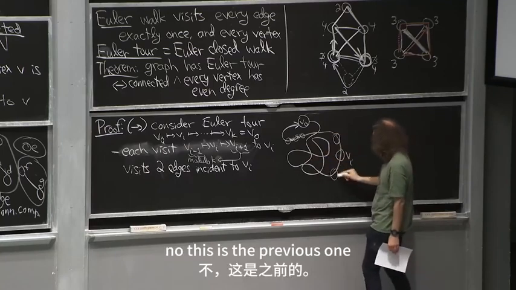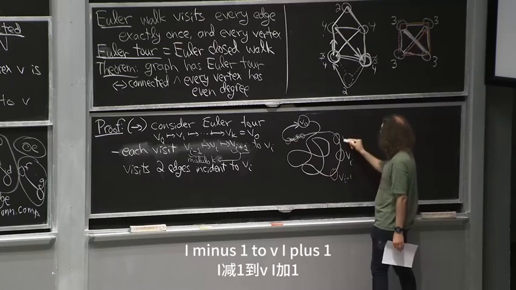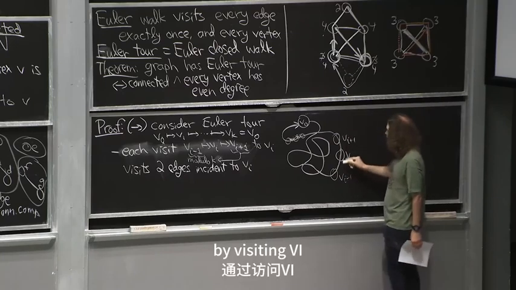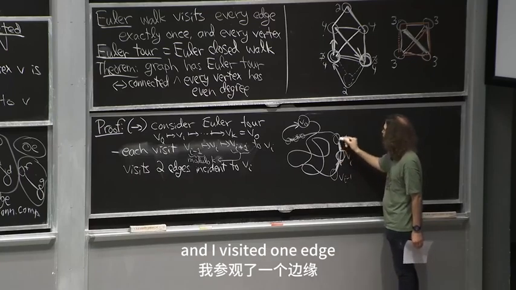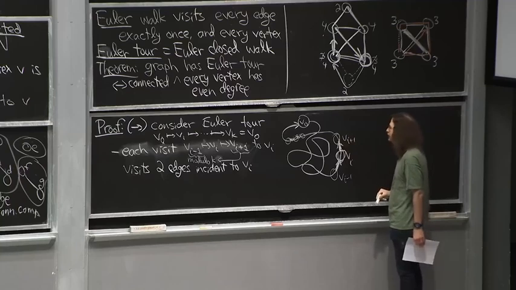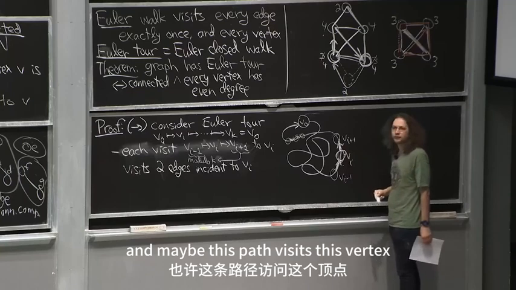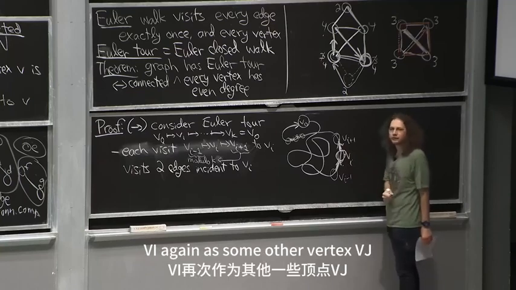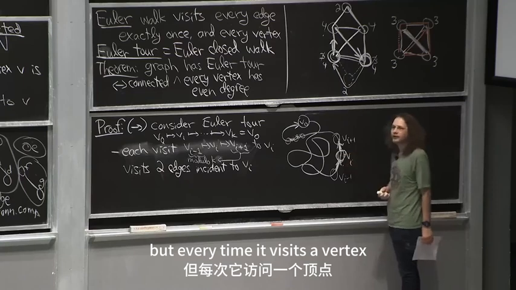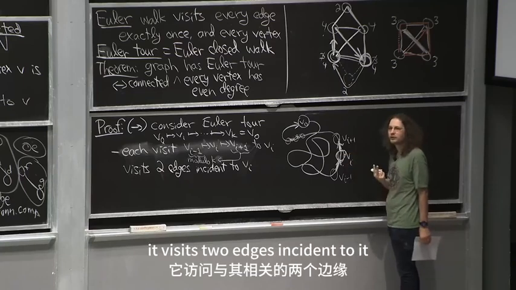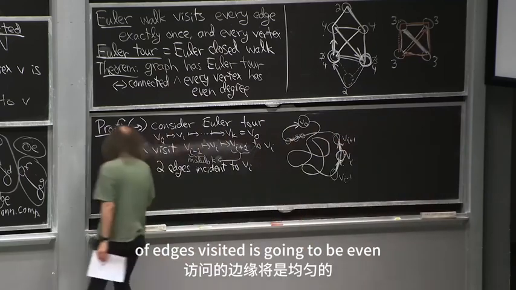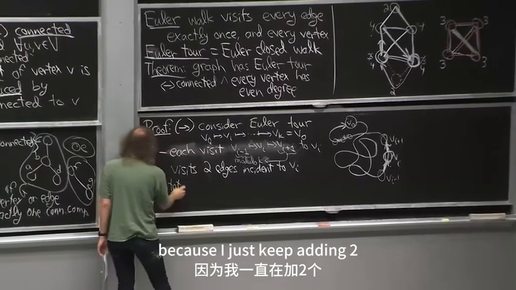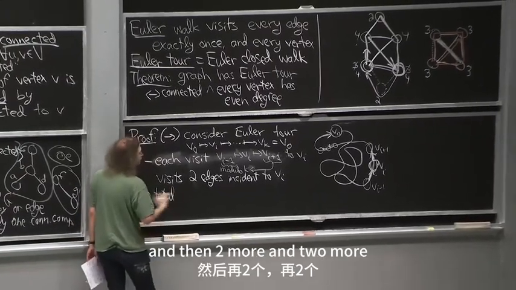No, this is the previous one. vi minus 1 to vi plus 1. By visiting vi, I visited one edge coming into vi, and I visited one edge coming out of vi. And so that's 2. And maybe this path visits this vertex vi again as some other vertex vj. But every time it visits a vertex, it visits 2 edges incident to it. Okay, so that means the total number of edges visited is going to be even, because I just keep adding 2, and then 2 more, and 2 more.